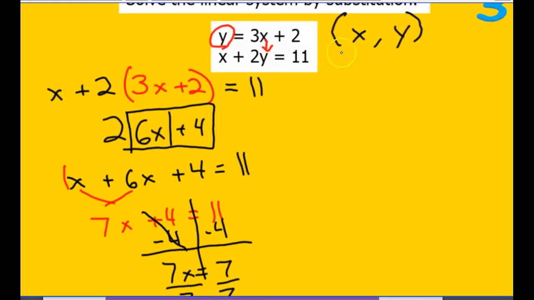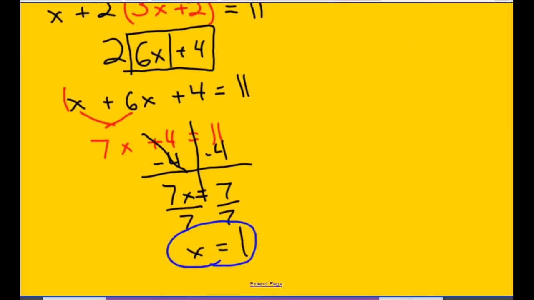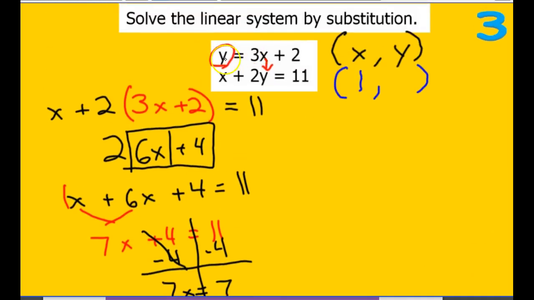So we know now that our x is 1. So up here in our solution, we can put 1 in for x, but we still don't know our y. So what we need to do is take this 1 that we found for x and plug it into our equation. Now it doesn't matter which equation we use, but this one's the easiest because we already know that it's equal to y.